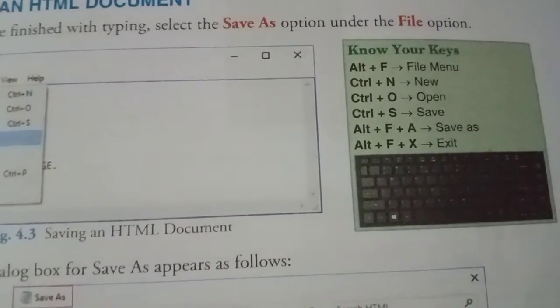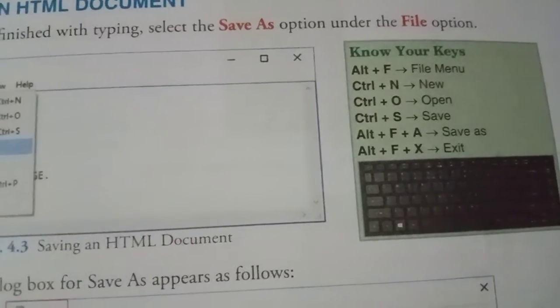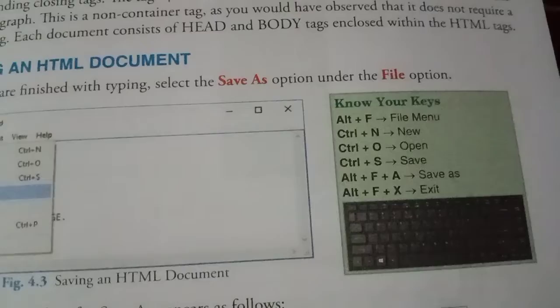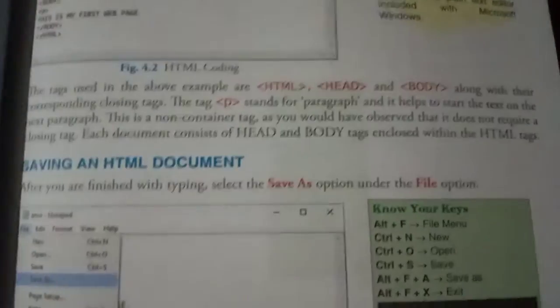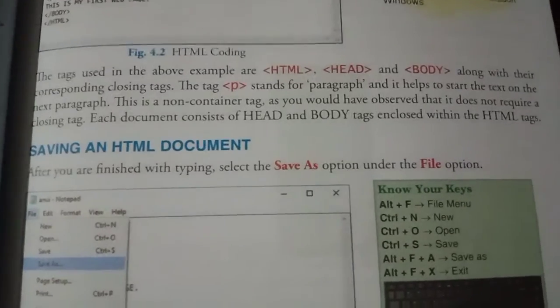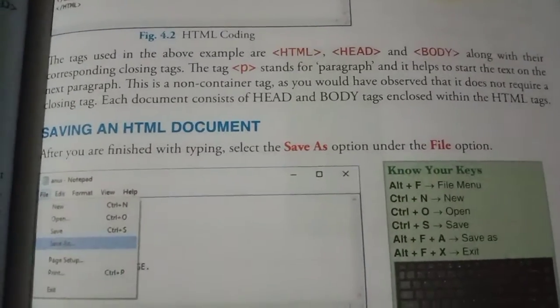Whenever we are going to rename the file, at that time we use save as. Then Alt plus F plus X is for exit, whenever we want to exit the file. So you need to note down these shortcut keys and you have to memorize them also.